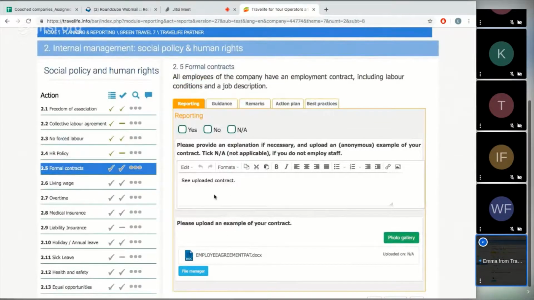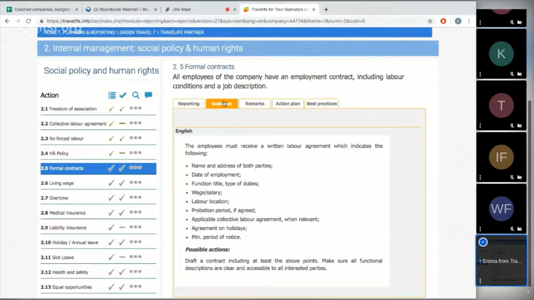And if you don't have this yet, we would like to see that you will start creating such contracts. And you can click again under guidance, and you can see what kind of different points should be included in a labor agreement.